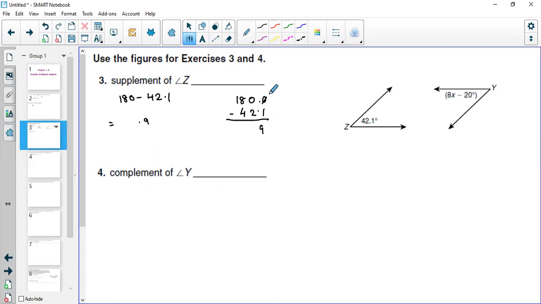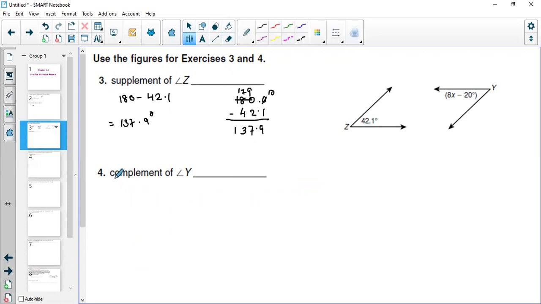So the answer is 137.9 degrees. The answer for question number 3 is 137.9 degrees. You just have to subtract the angle given to find the remaining angle, means they have given this part of the angle as 42.1, we have to find the remaining part, that's all, right?